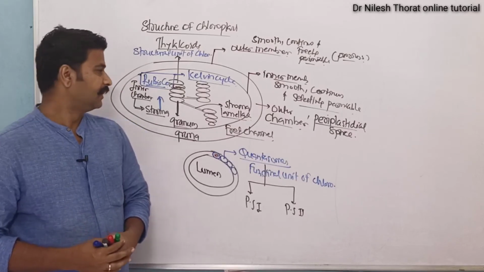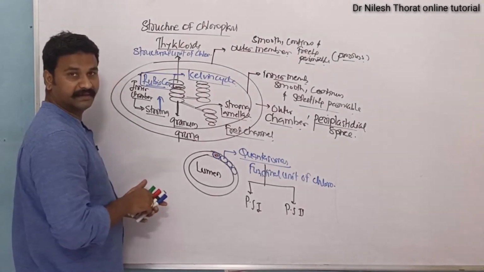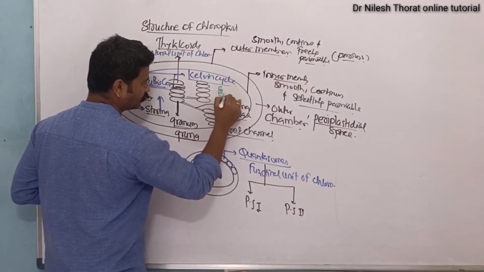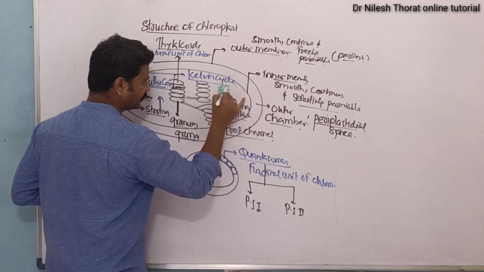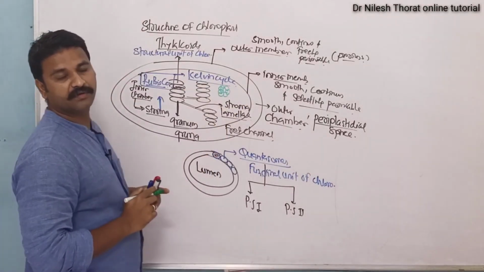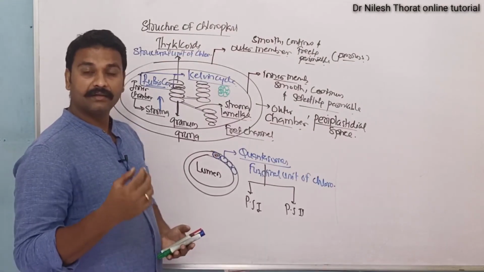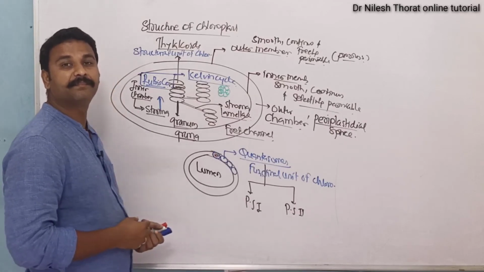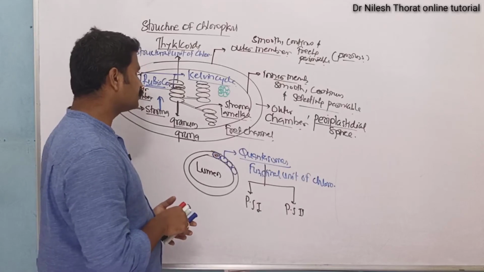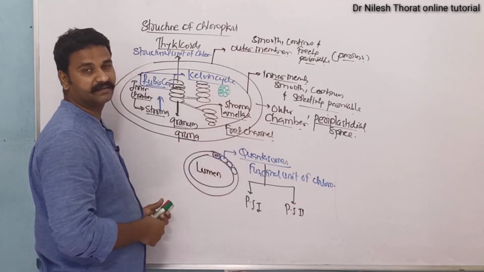Other than that, the stroma will also have its own DNA, the chloroplast DNA. This chloroplast DNA is also single circular double stranded naked DNA, which is also responsible for cytoplasmic or maternal inheritance. The example for this category is plastid inheritance in Mirabilis jalapa. In Mirabilis jalapa, this plastid gets inherited from the maternal side.